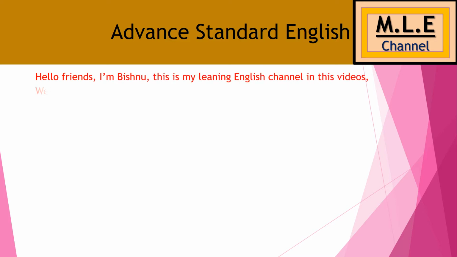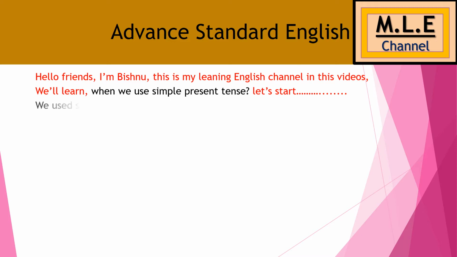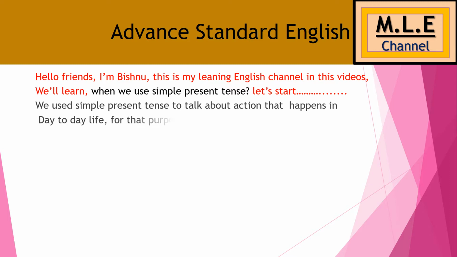In these videos, we will learn when we use simple present tense. Let's start. We use simple present tense to talk about actions that happen in day-to-day life. For that purpose, we use simple present tense.